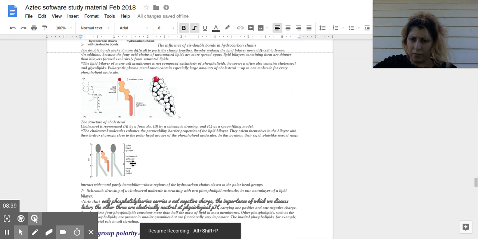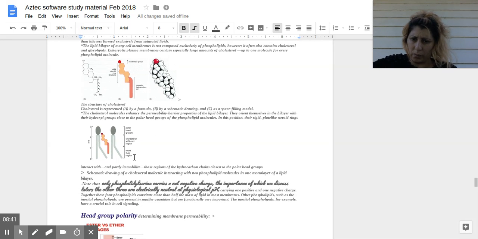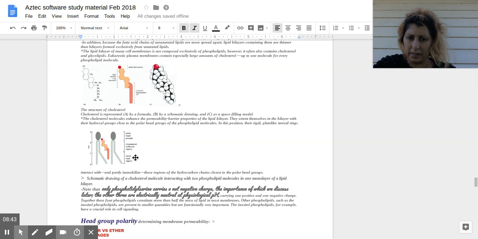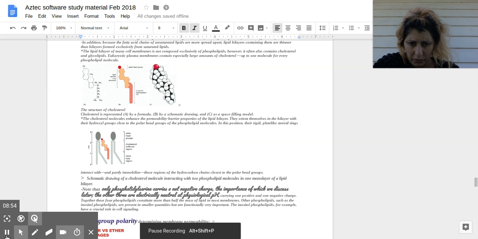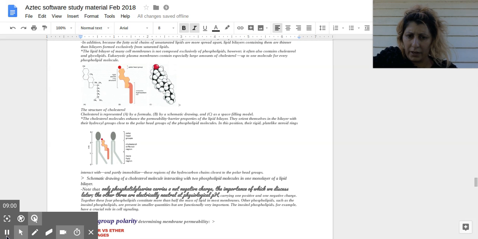Together, the four phospholipids constitute more than half the mass of lipids in most membranes. Only phosphatidylserine carries a net negative charge, and the other ones are neutral molecules as a whole. The other three carry one positive and one negative charge, making them neutral.